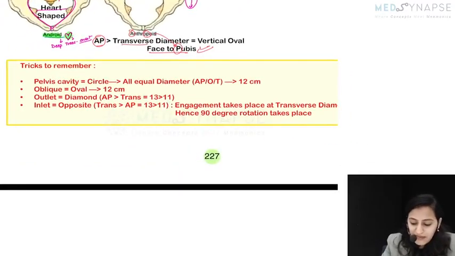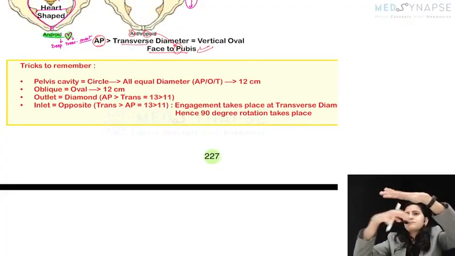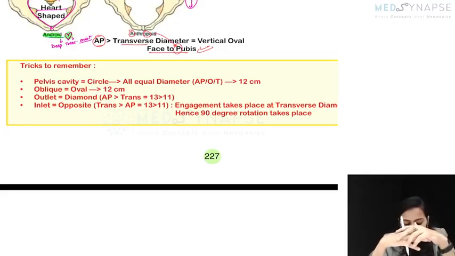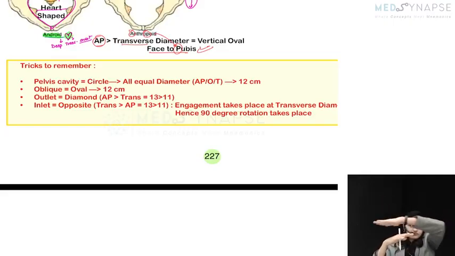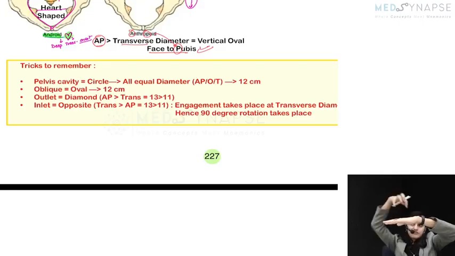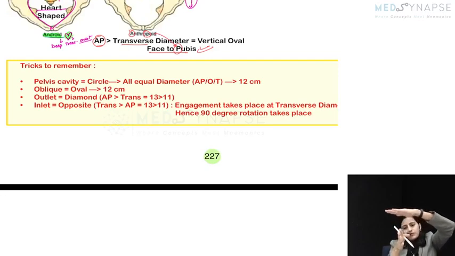If you look at the pelvic inlet and the pelvic outlet, or the pelvic cavity. At the pelvic inlet, what diameter is more, the transverse or the AP? Remember, at the pelvic inlet, when the fetal head is engaging, it engages in the transverse diameter, because that is more. But at the outlet, it is the AP which is more. So when it has to come out, it has to come like this.